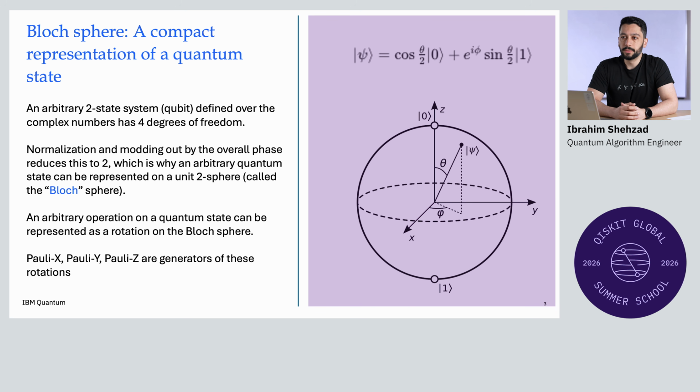Now, rotations about the three axes given here, x, y, and z, are generated by the Pauli x, y, and z matrices. And this is why these Pauli matrices come about so often in quantum computing when you're programming quantum computers. And you'll see them over and over again over the course of this course as well.